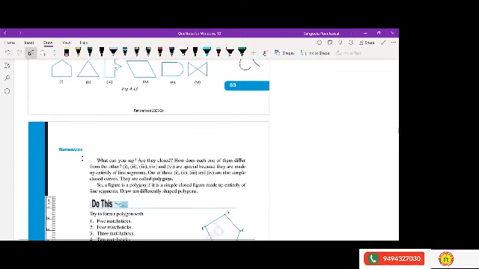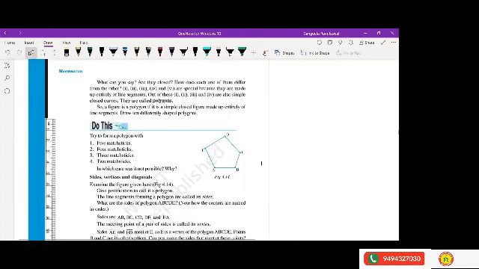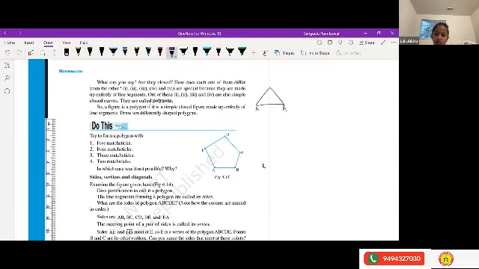And what do you mean by polygons? Polygons are those closed figures which are made by line segments. Like suppose you have a triangle. How many line segments is it made of? 3.